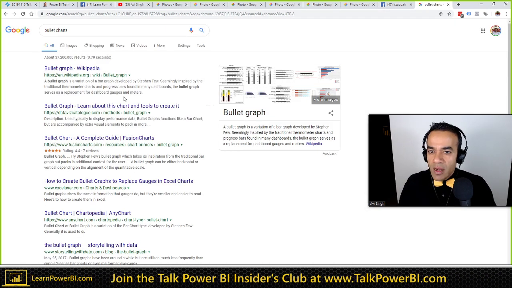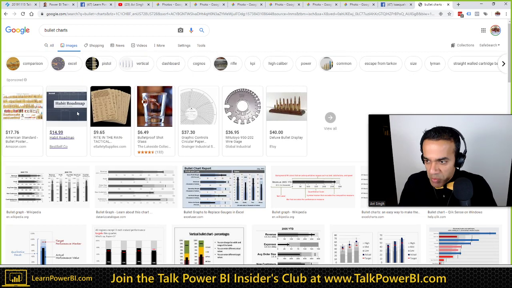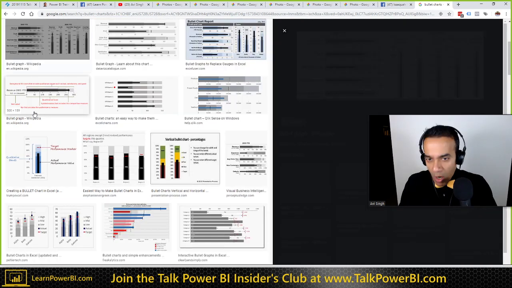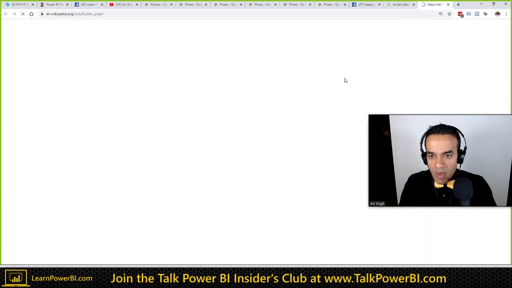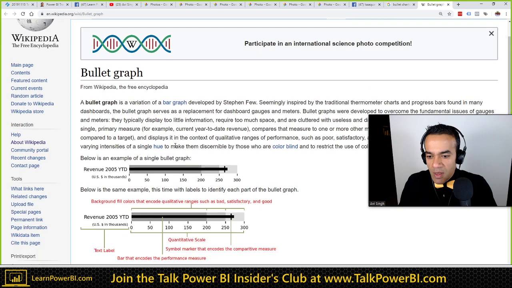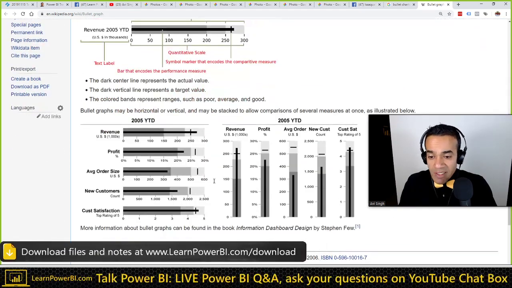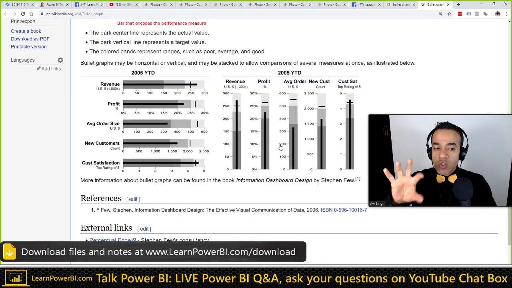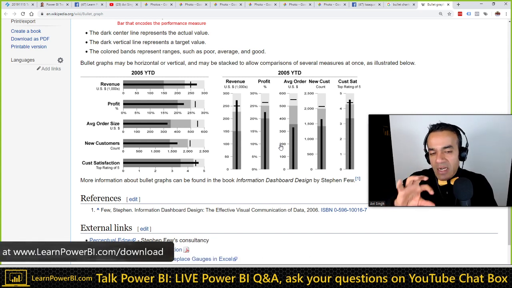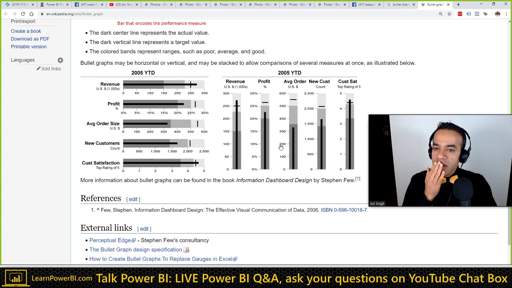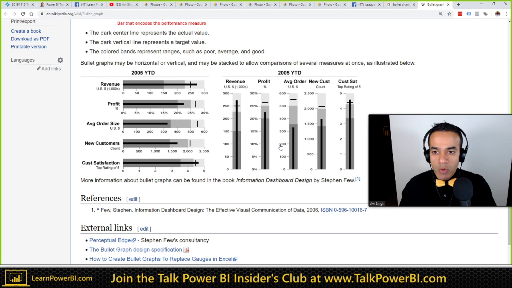Unfortunately, this is not a built-in visual. It should be. There are lots of custom visuals around bullet charts, but they are power packed. They can pack so much in there. Do users need a little bit of training to understand? Maybe, the first time they see it. But once they learn it, it's so simple, easy to use, and boom.